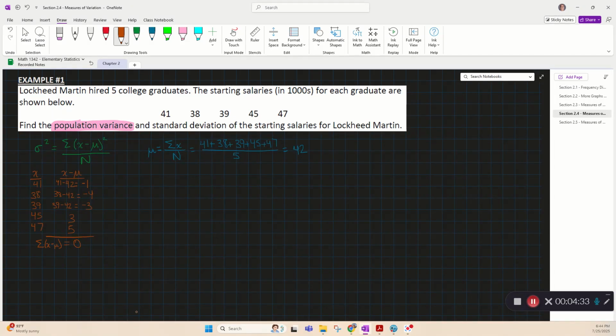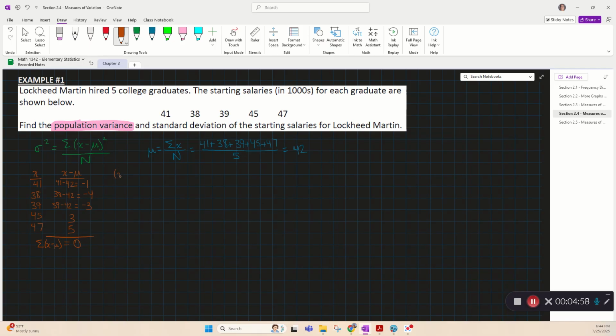That should send up a red flag to you to say, wait a minute, I'm not done yet. The only way you should have 0 variance is if the data points are all the same. Are all the data points the same here? No. So that should give you a red flag to say, wait a minute, hold up. I left a step out.